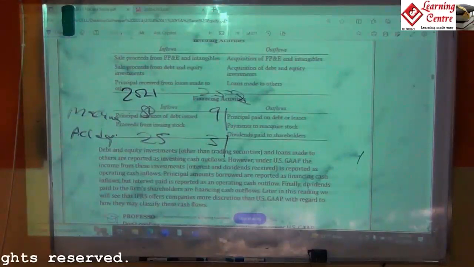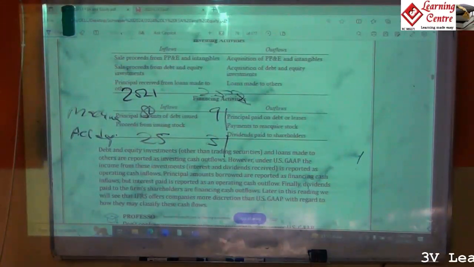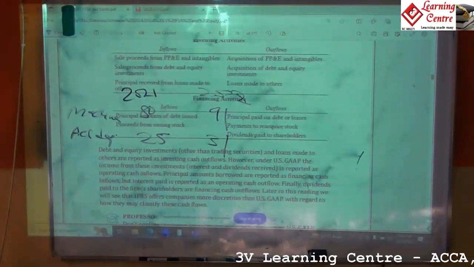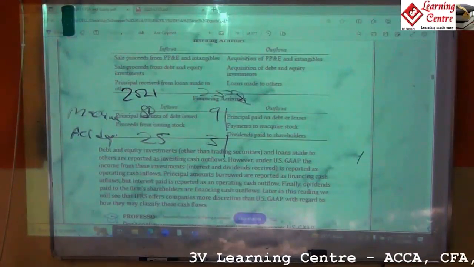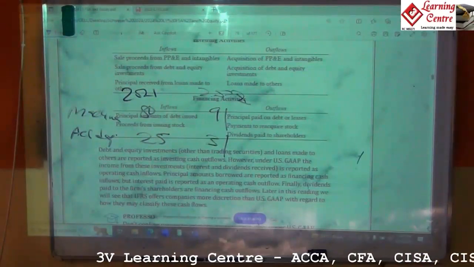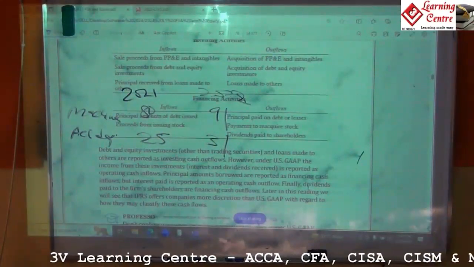It is the beginning balance plus equipment purchased minus ending balance.